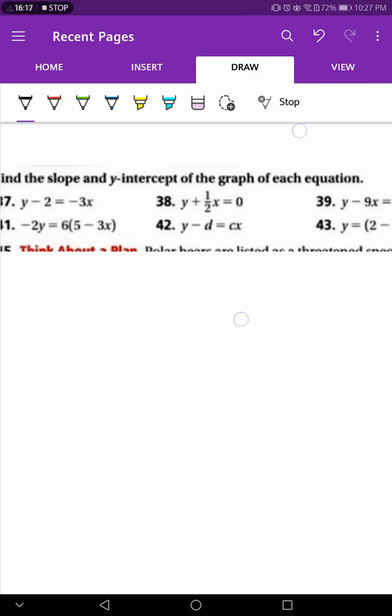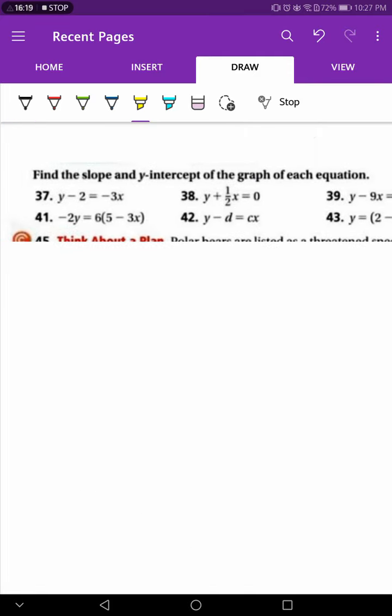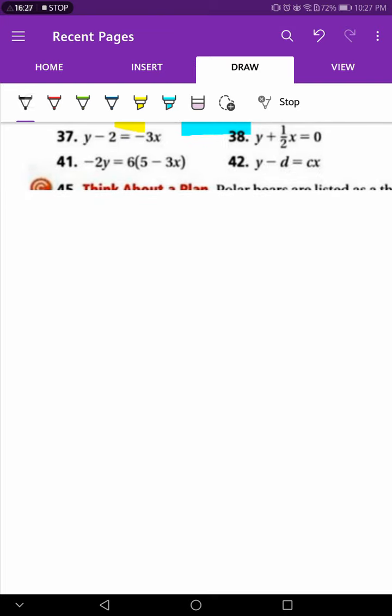Okay, now here find the slope and the y-intercept of the graph of each equation. He gave me the equation y - 2 equal -3x, and he asked me to find the slope.